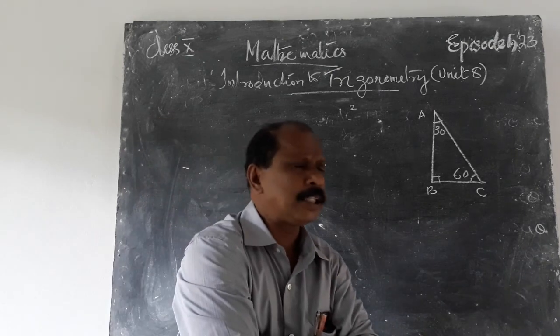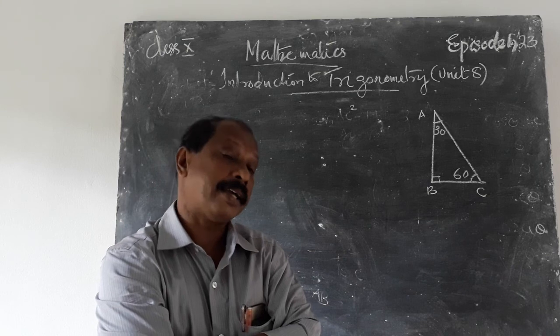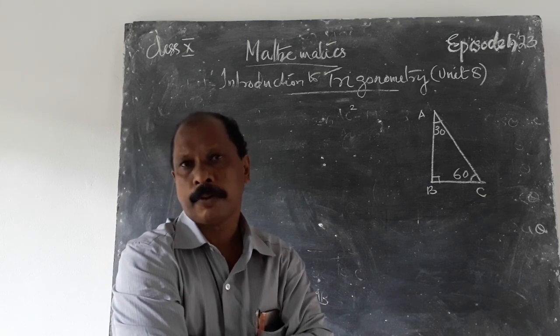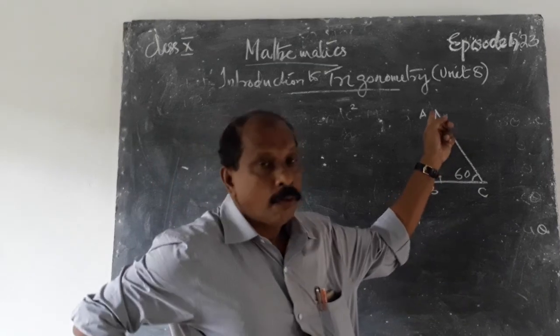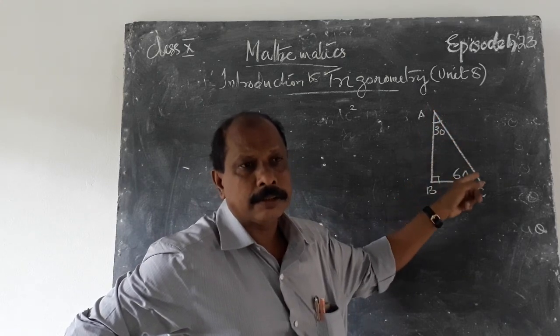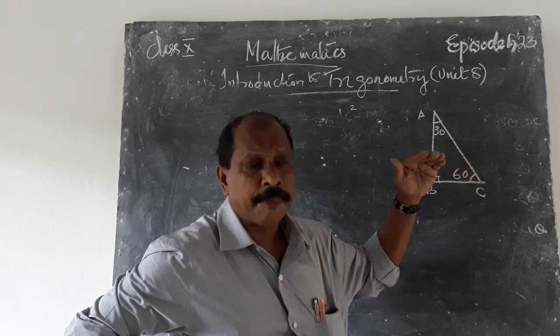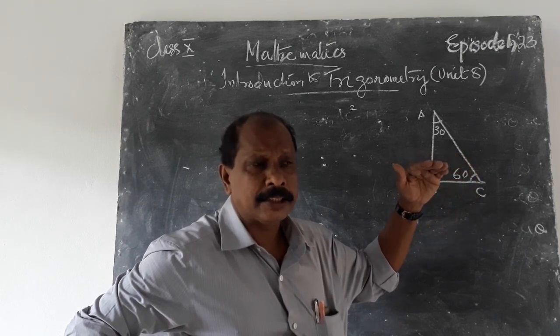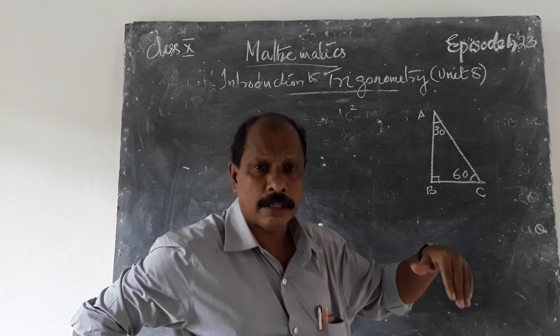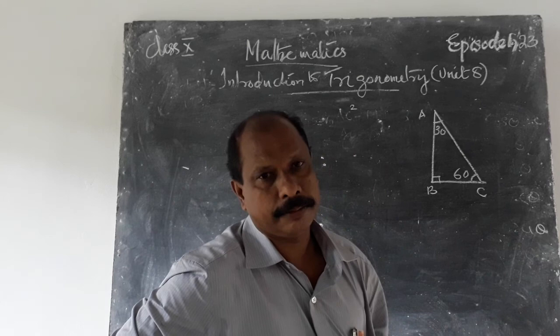Then there is a basic property for a triangle. It is a right angle triangle. One angle of that right angle triangle is 30 degrees, the other angle is 60 degrees. Then we know that the side against the smaller angle is smaller and the side against the larger angle is longer.